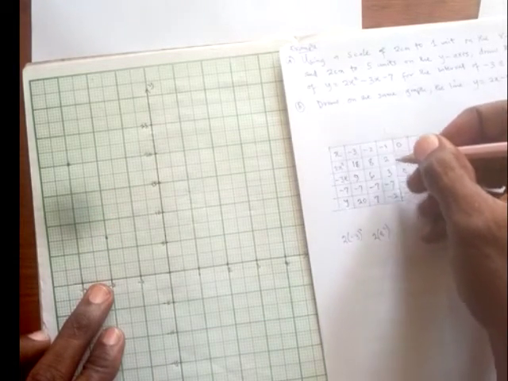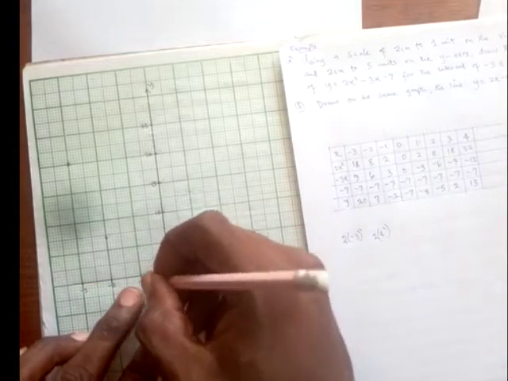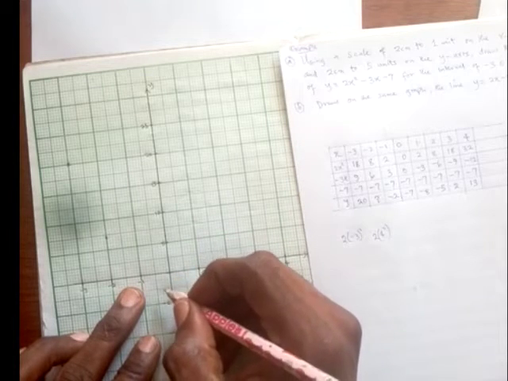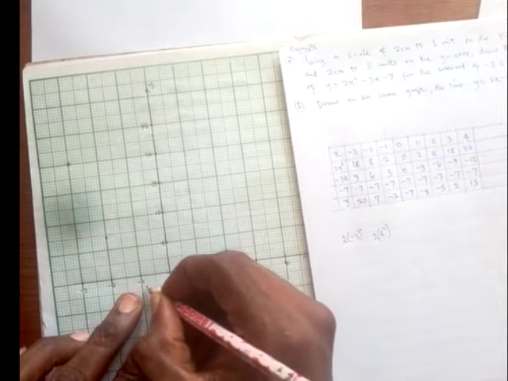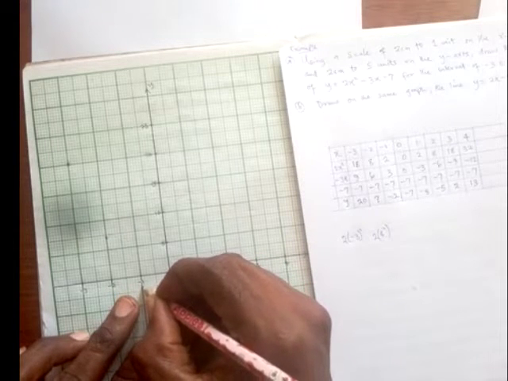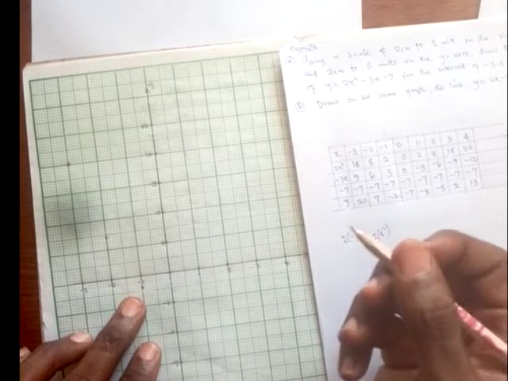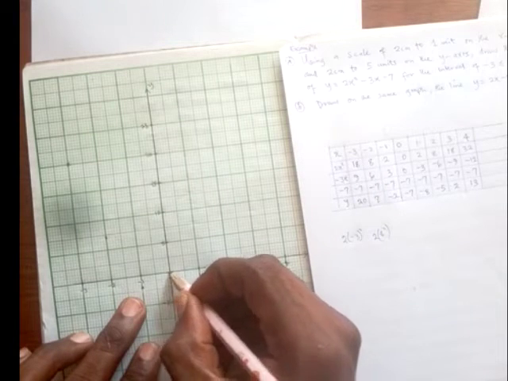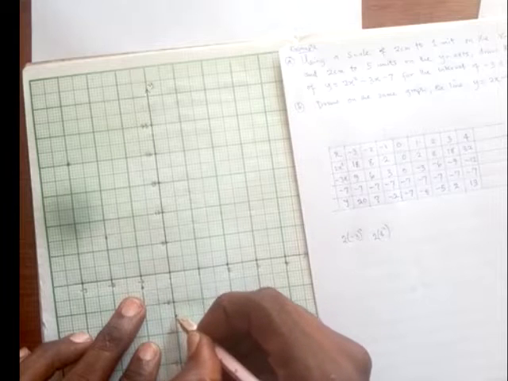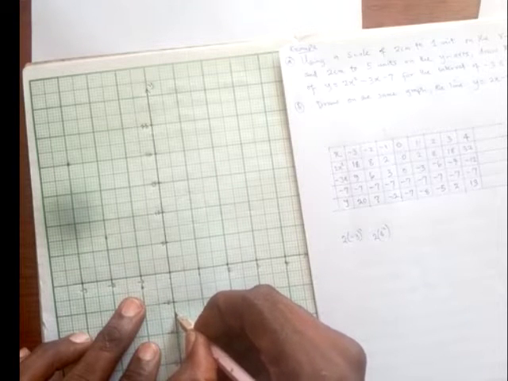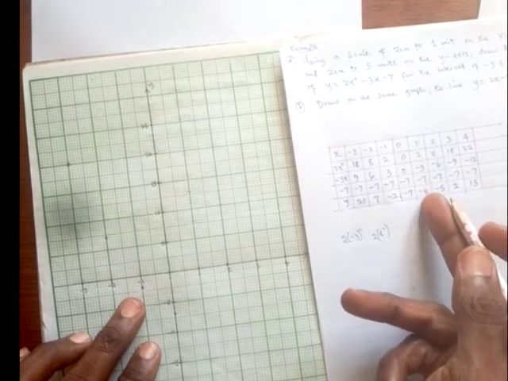When x is -1, y is -2. This is down this way. So -2, this is -1, -2. When x is 0, y is -7. This is 5, this is 6, this is 7, -7, so it will be here. When x is 1, y is -8.